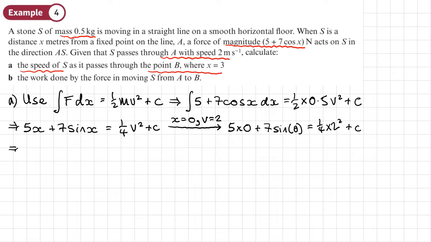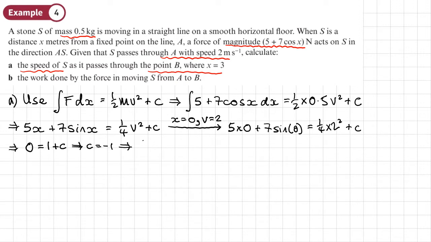If we work that out, that will give us basically 0 on the left hand side. Now be careful, if this was cos 0, it'd be 1. If it was e to the 0, it would be 1 as well. So don't always assume you've got 0 that's going to be 0, but in this case it's going to be. So we've got 0 equal a quarter of 2 squared, a quarter of 4, which is 1, plus c, which means that c is equal to -1.